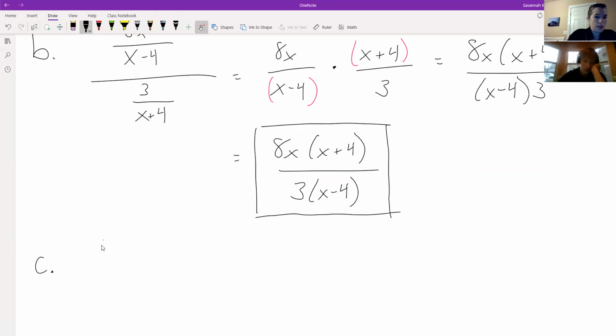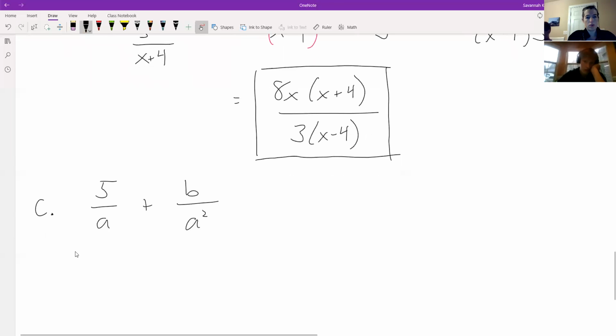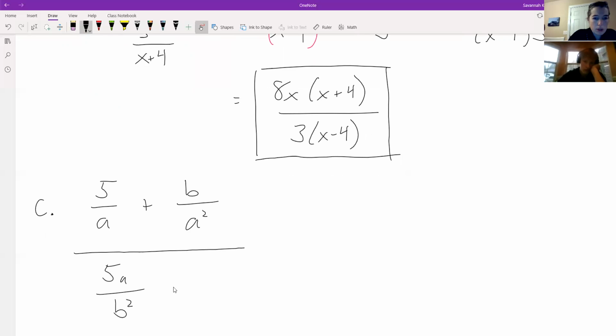Okay, part C. This is where we finally start getting into the good stuff. So let me make sure I copy this correctly because there's A's and B's all over the place. Okay, so this is where you have a math problem on top, math problem underneath.